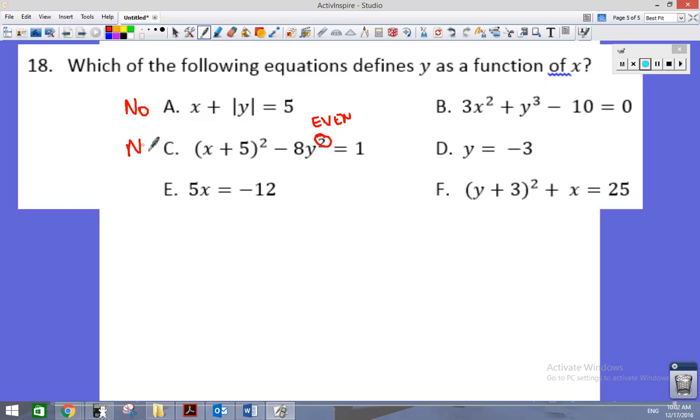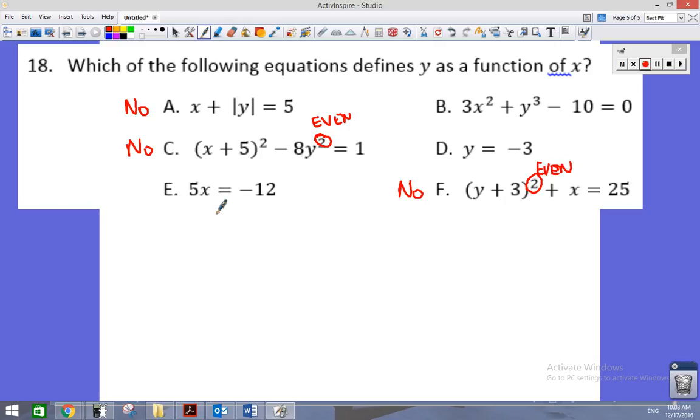So we can just quickly observe, hey, any variable y that has an even exponent is going to fail to be a function. When I look over here, I see that this guy is going to be a y squared also. So for that same reasoning, since this is even, I can immediately say that this one cannot be a function.